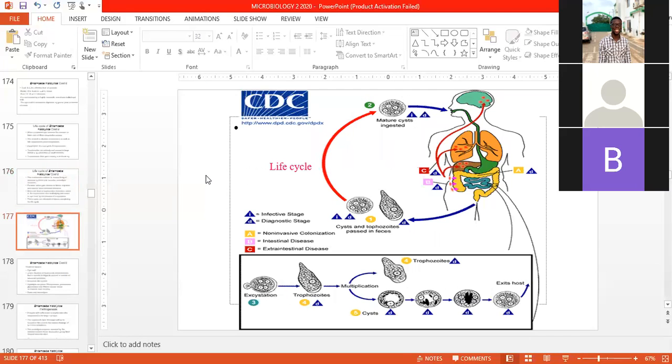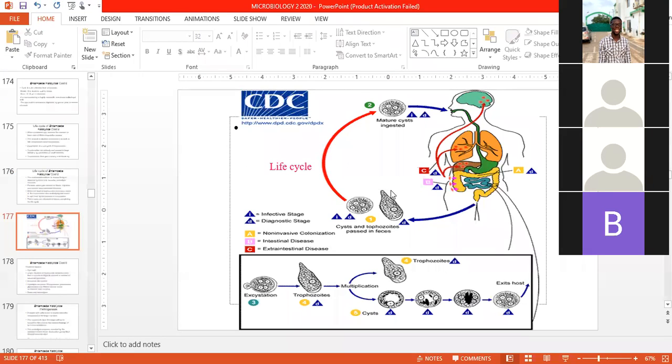So this is what I'm talking about. The diagram is here. Let me use my mouse. So this is the cyst.